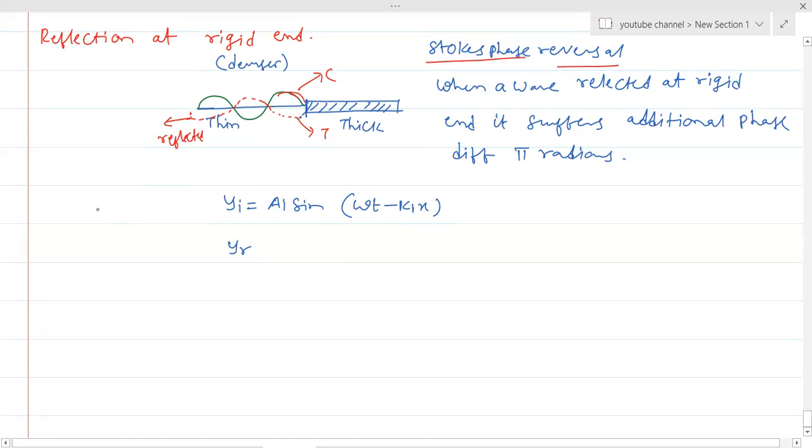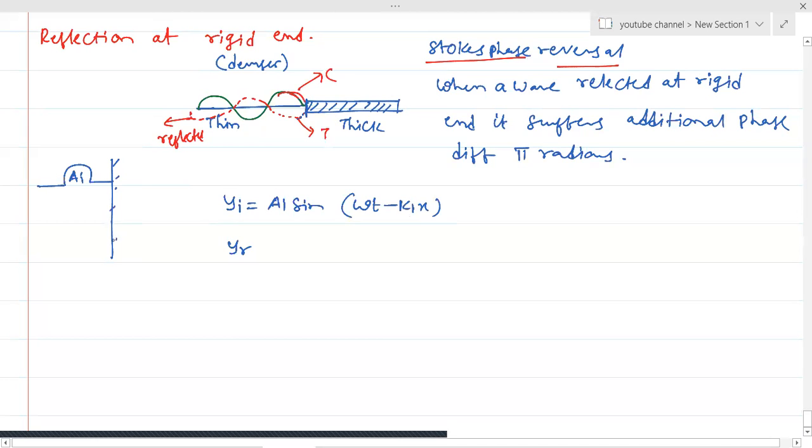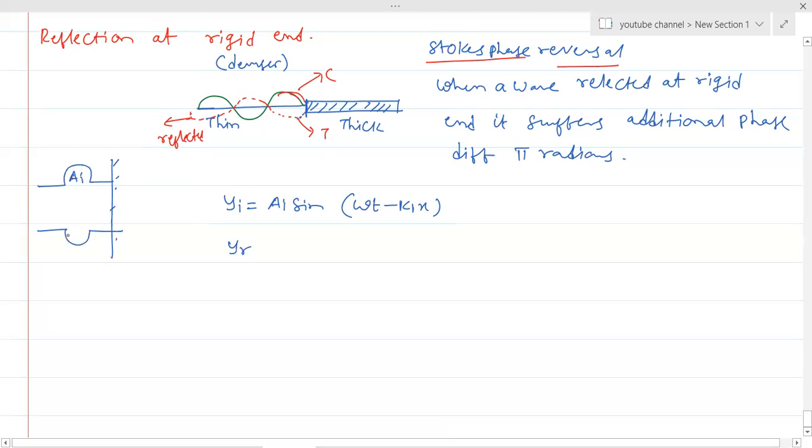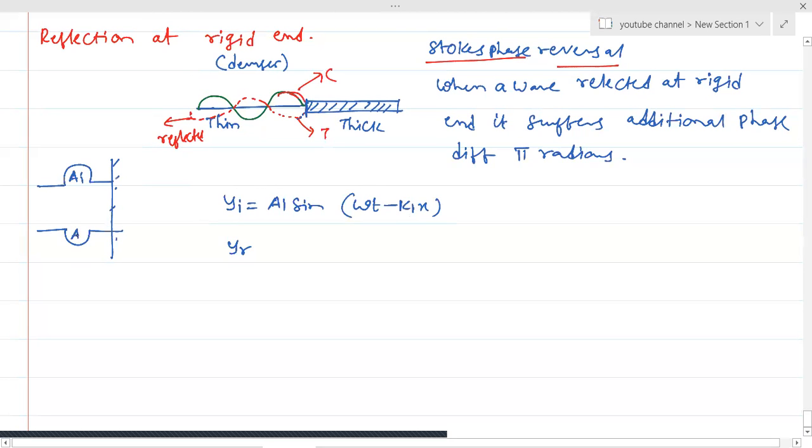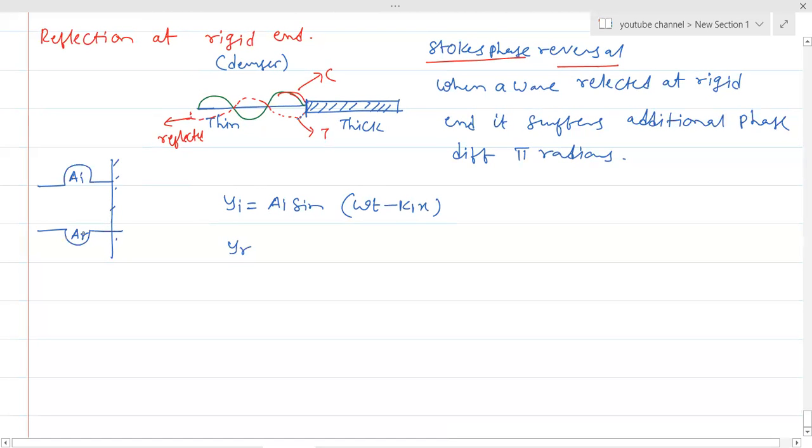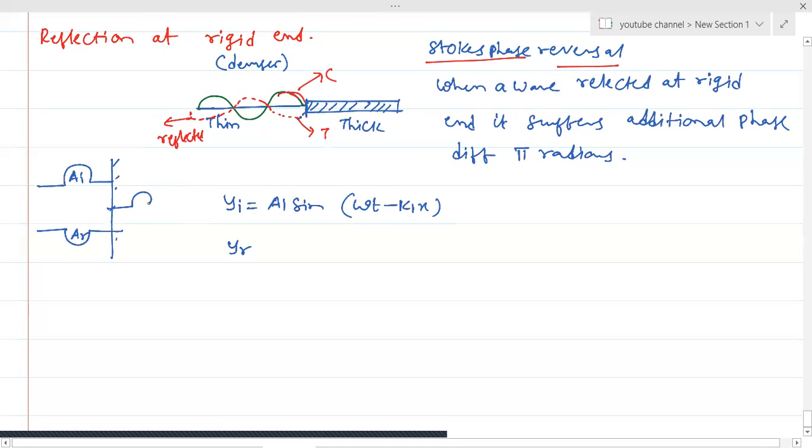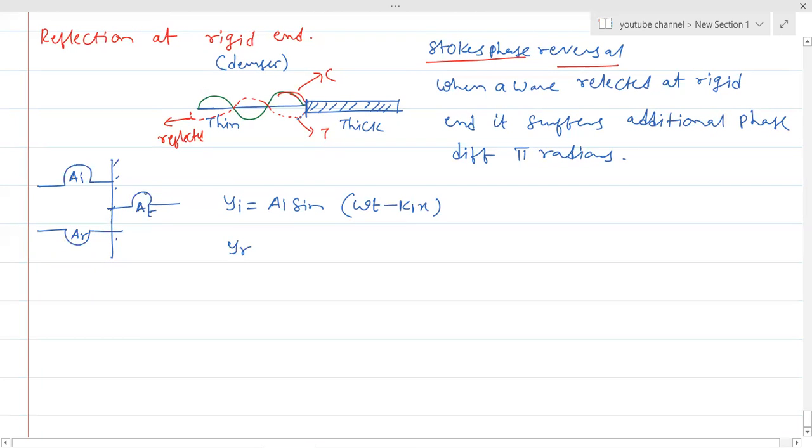Suppose this is the incident amplitude A_I, and this will be the rigid end. Automatically, after substituting the values, we are going to have a negative amplitude, that is a trough. And of course, we have A_T as in the same case as that of A_I.